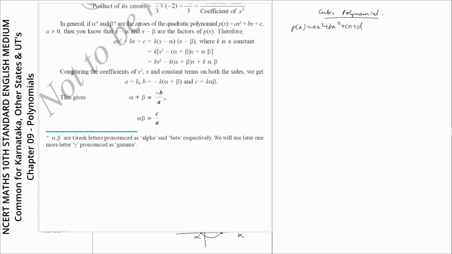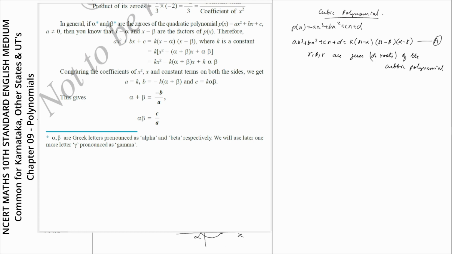When we factorize, we get ax cube plus bx square plus cx plus d equal to k into x minus alpha into x minus beta into x minus gamma, where alpha, beta and gamma are zeros or roots of the cubic polynomial. Now this I'll mark as A.